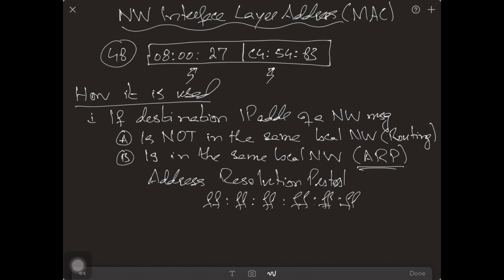Only the destination computer with that specific IP responds to this request with its MAC address. This IP-MAC mapping is kept in the ARP cache for future use as well. So this way, for a message sent to a machine on the same network, no routing is done, and the MAC address is used.